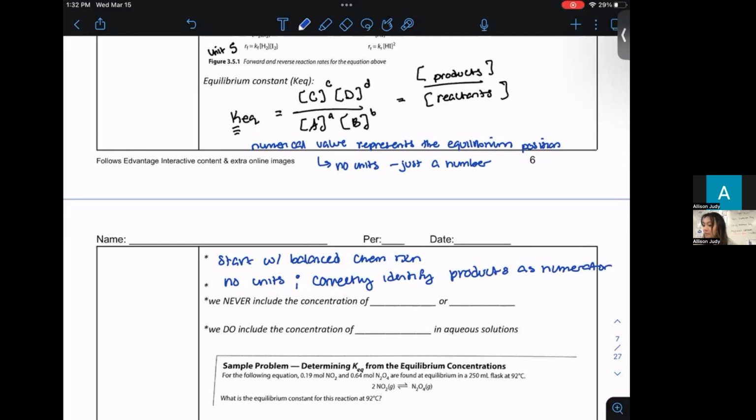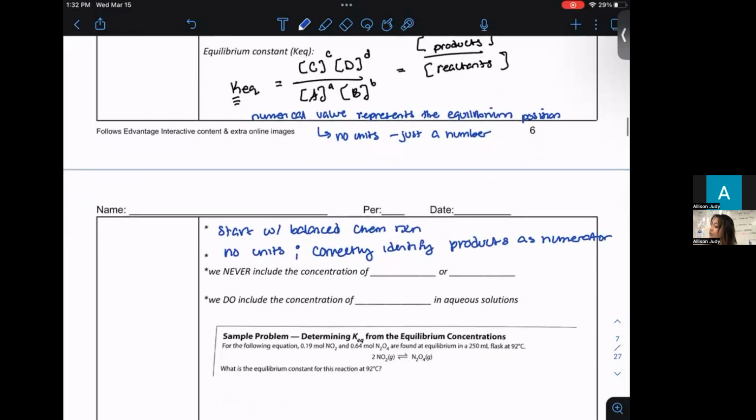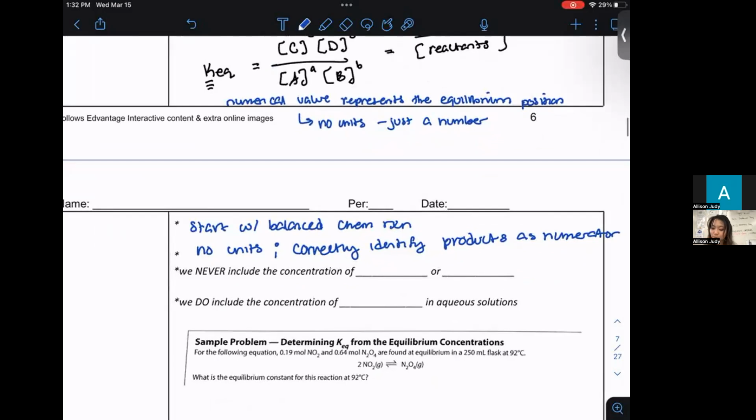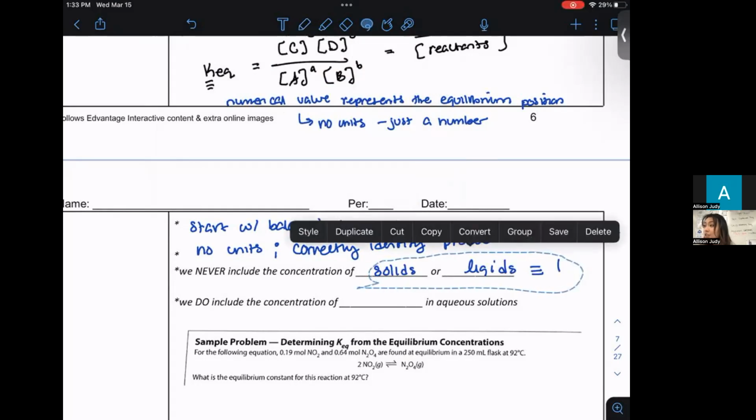Don't make silly mistakes. One thing about KEQ that you should know is that if any of your chemical species are solids or liquids, we do not include them. We say they are equivalent to a value of 1, so they act like a constant. Quick note, I am not saying aqueous. If your species is aqueous, we do count it.